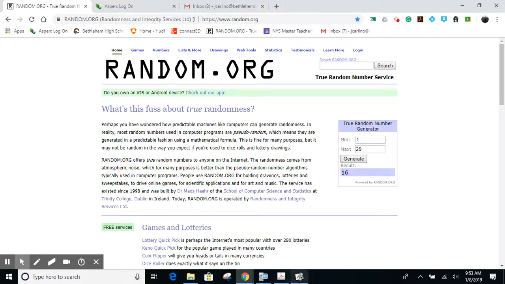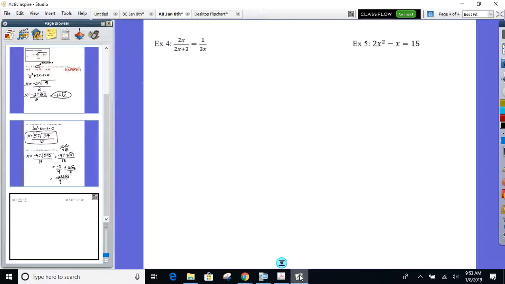Cross multiply. Which two are you cross multiplying first? Okay, 2x times 3x will give you what?